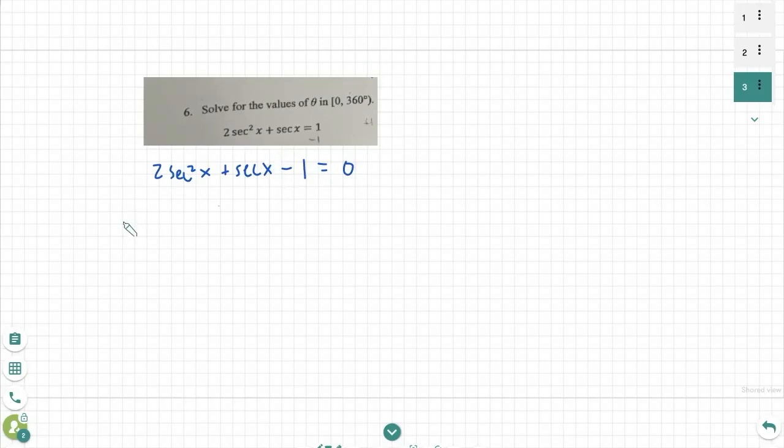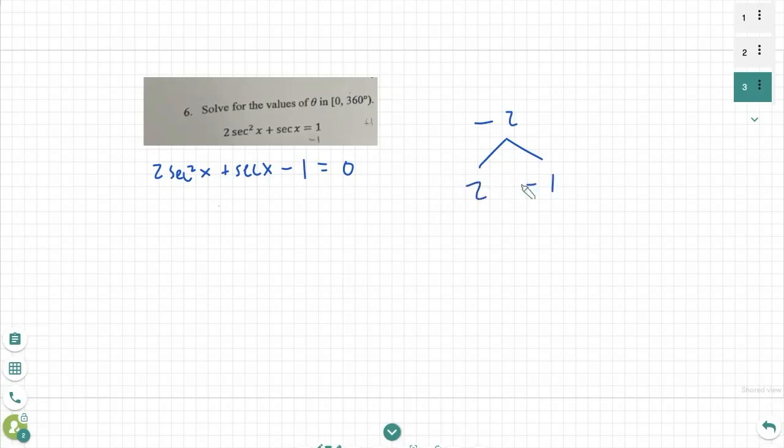Then that means it would be 2 secant x, and then what multiplies to -2 and adds to 1? It would be a -1.